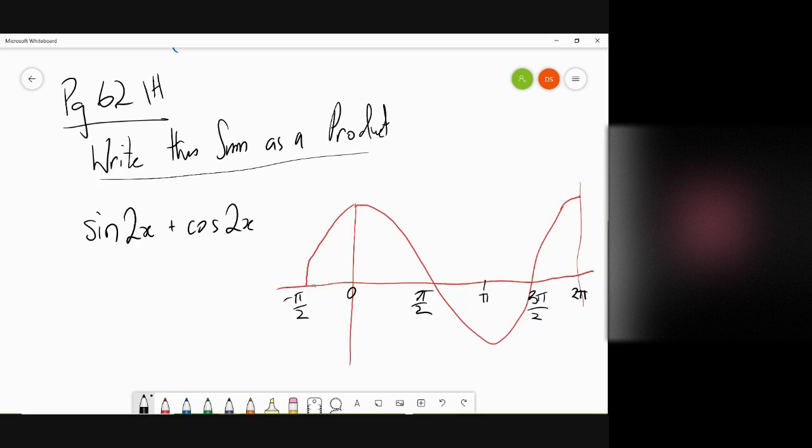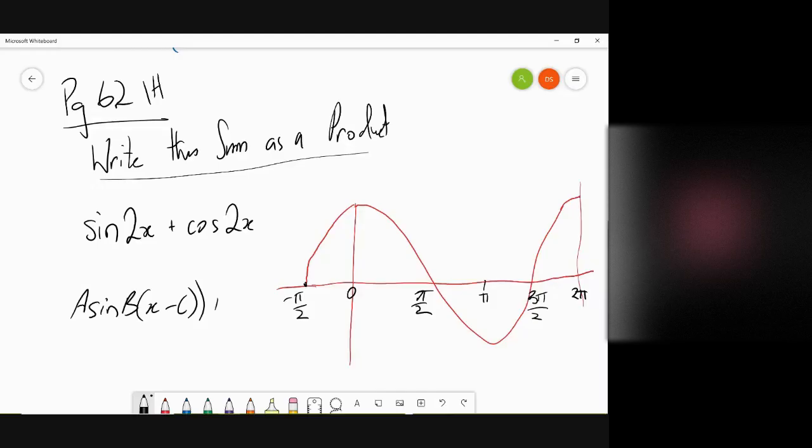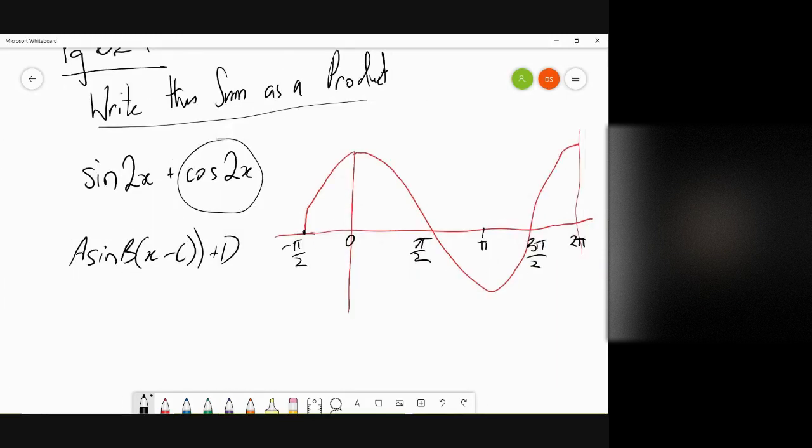Now, we have this function thing. Remember how I said to you, we have a sine bx minus c plus d? Okay, so I want to rewrite this cosine function in terms of a sine function. So let's see if we can figure out what a, b, c, and d are. What's a for the cosine curve?